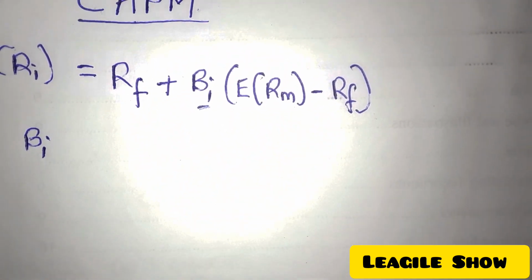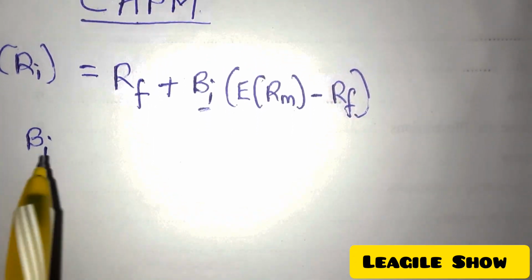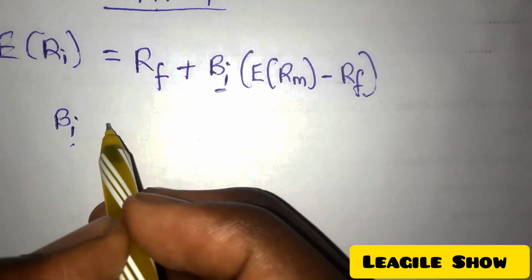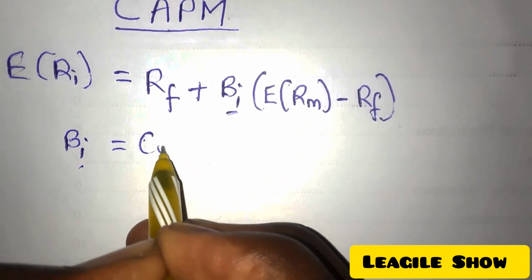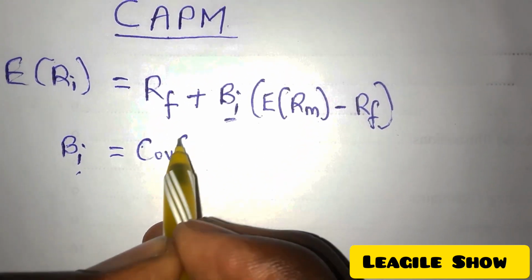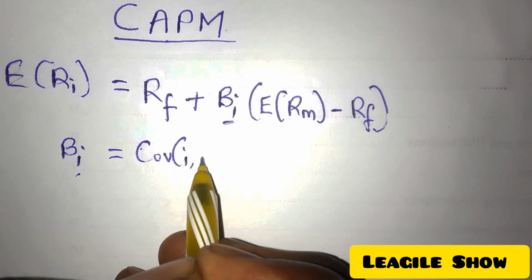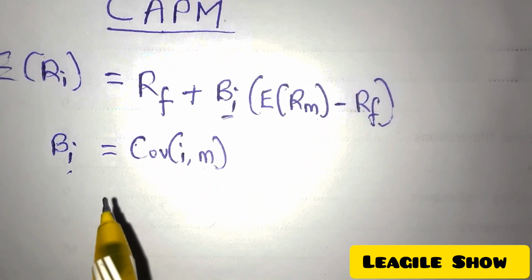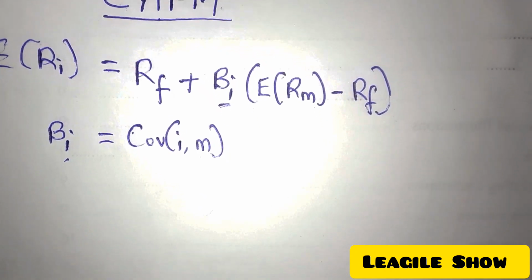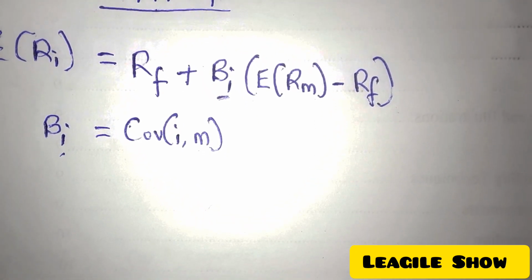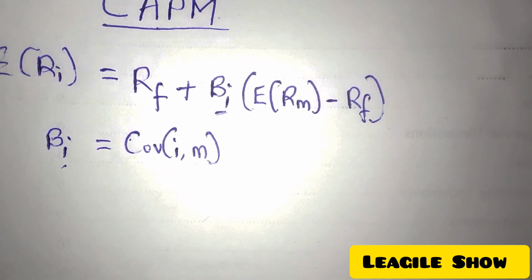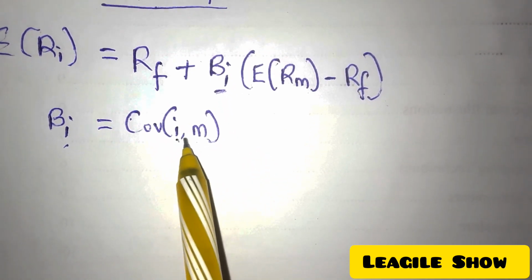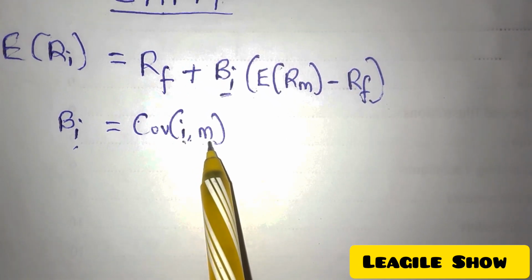So beta in this case, which is a measure of the systematic risk, is given by the covariance between these two, security i and that of the market. We are talking about the covariance between the individual security or asset and that of the market.